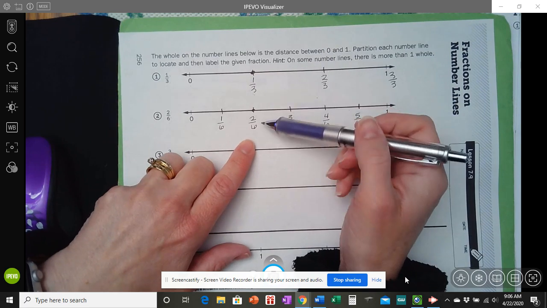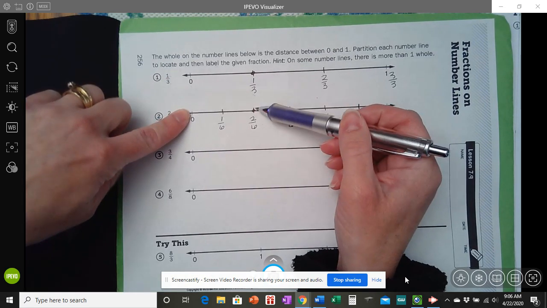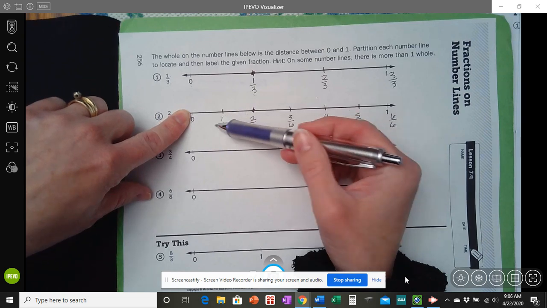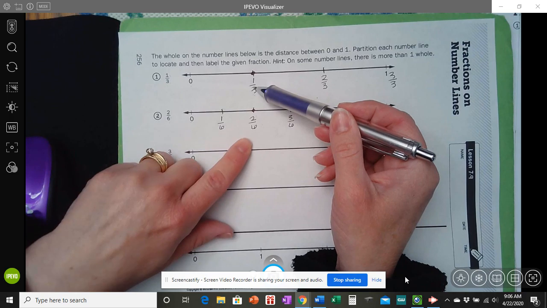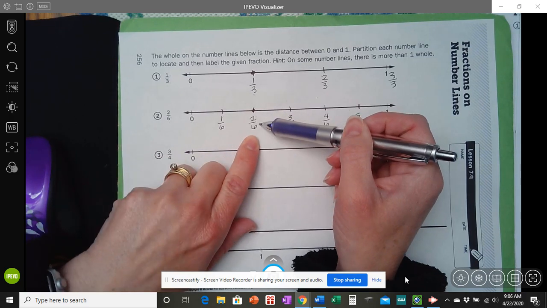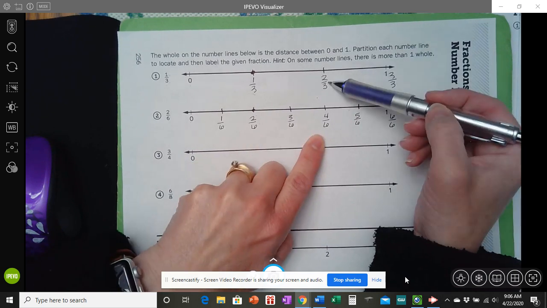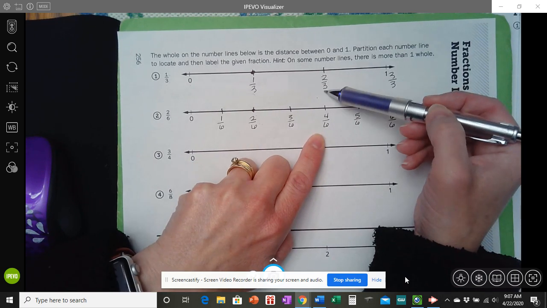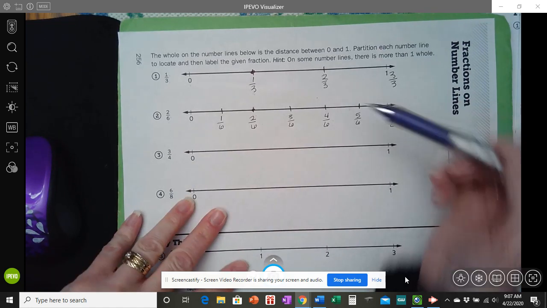Oh, look up here. These are the same amount of pieces, although this is broken into 2. It's the same amount, so 1/3 would be equivalent to 2/6. And we have the same thing down here. 2/3 would be equivalent to 4/6.